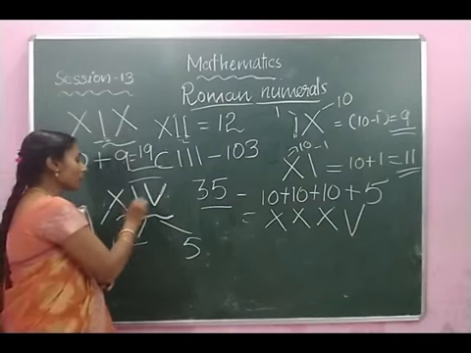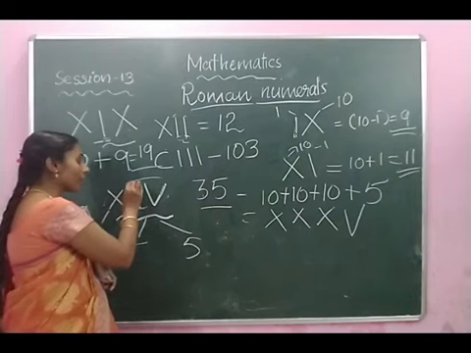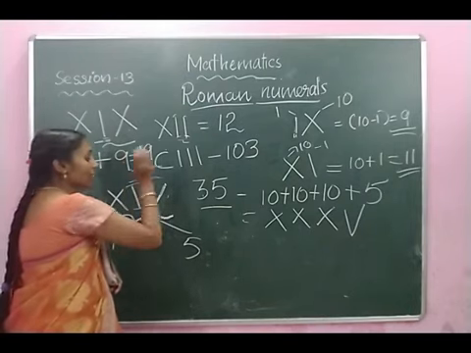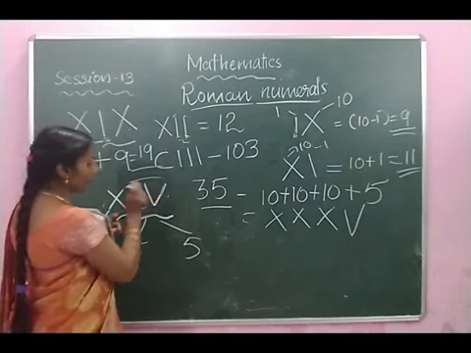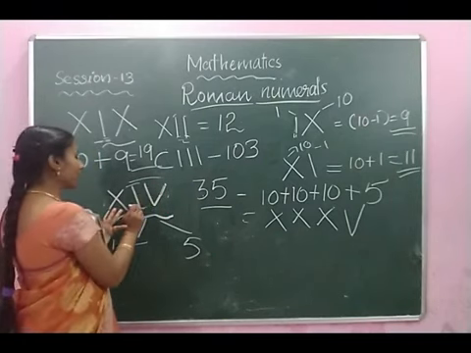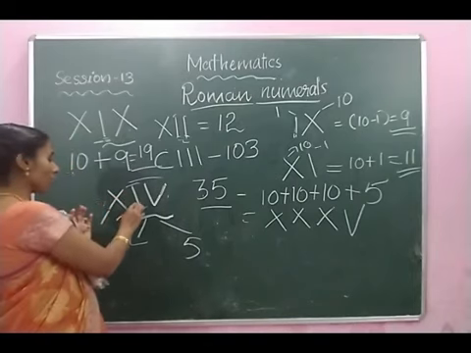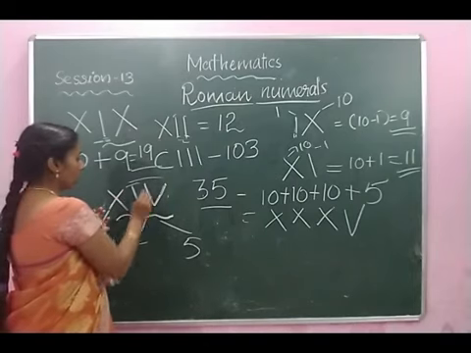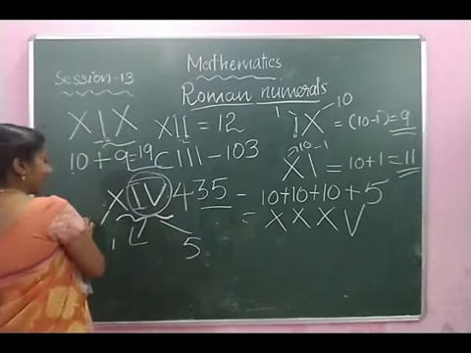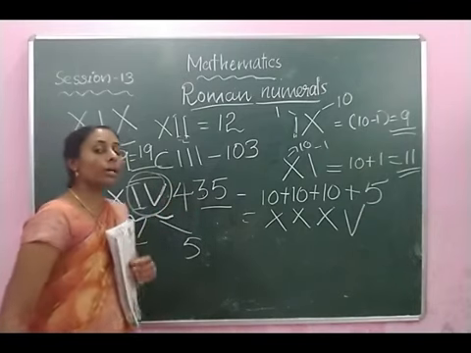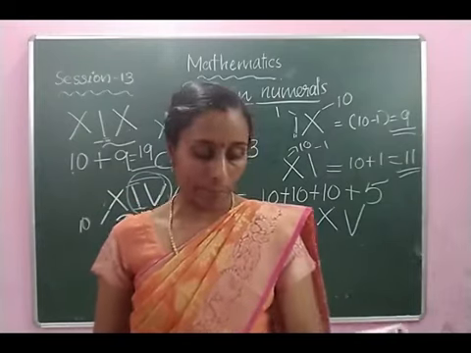So this I should be subtracted from the greater value just after that. Just after this, 5 is there. So 5 minus 1 is equal to 4. When we do this, we get 4. Then here 10 and here 4, that is 14.